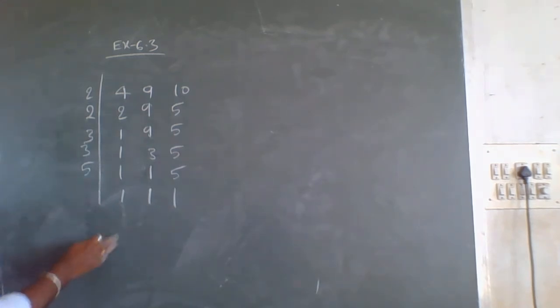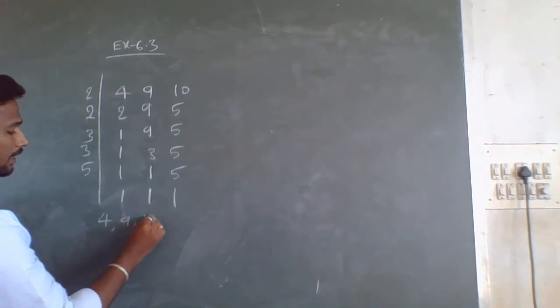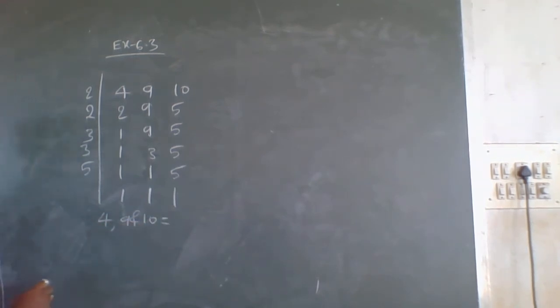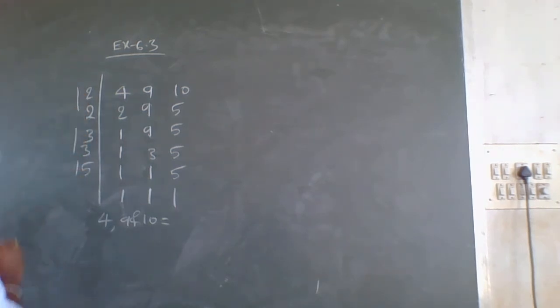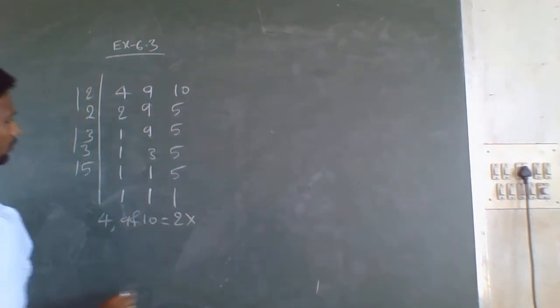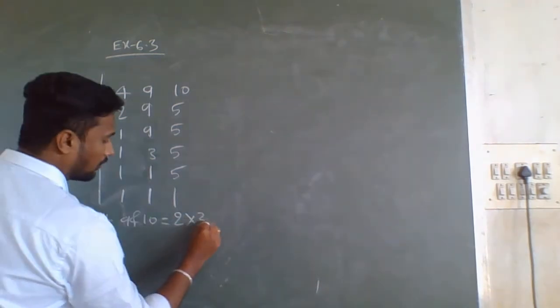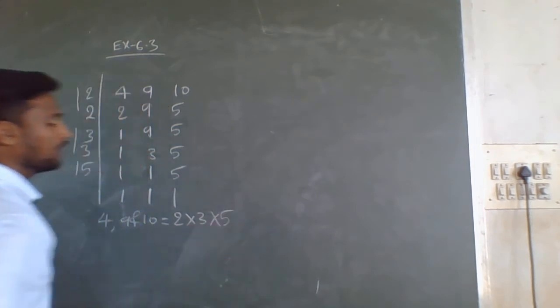So what we got here: the smallest square number which is divisible by 4, 9 and 10 equals 2. What are the factors we got here? We should consider only one value in a pair, meaning here there are two 2's, so I will write only one 2, and there are two 3's, so I will write only one 3, and here there is no pair of 5's, but I will write that 5.